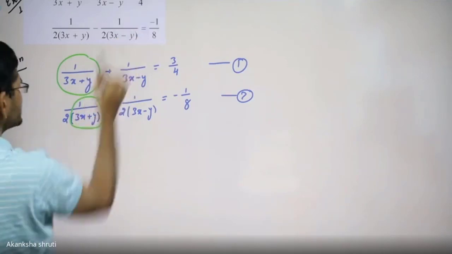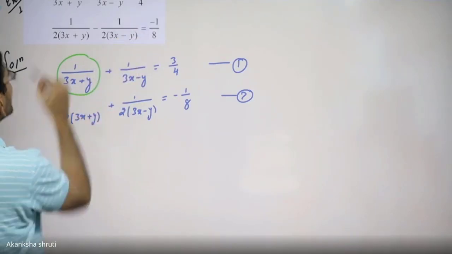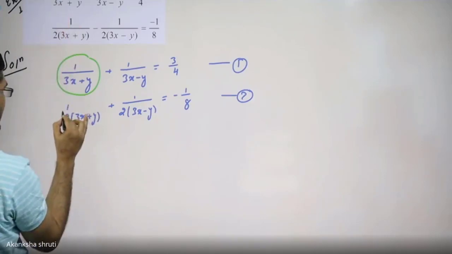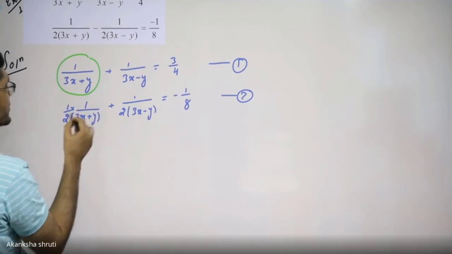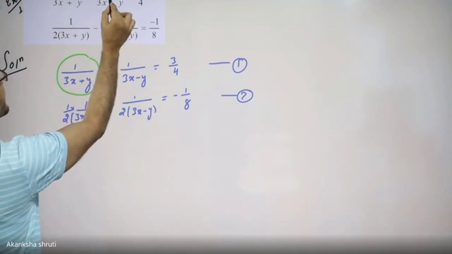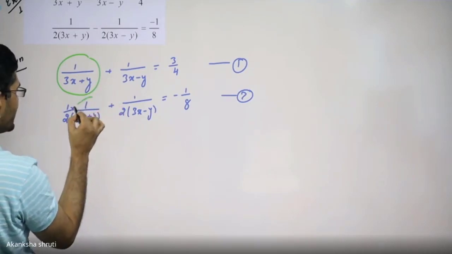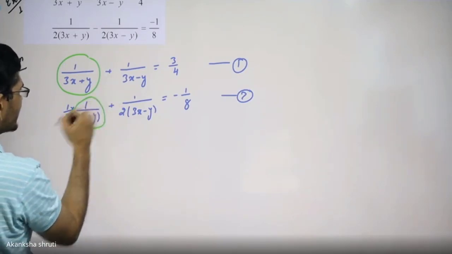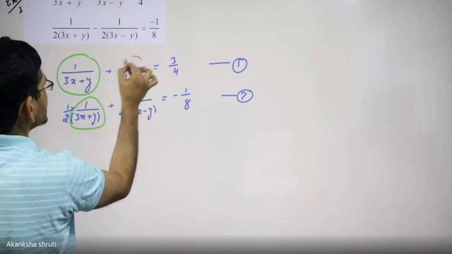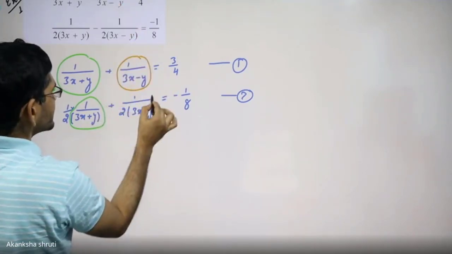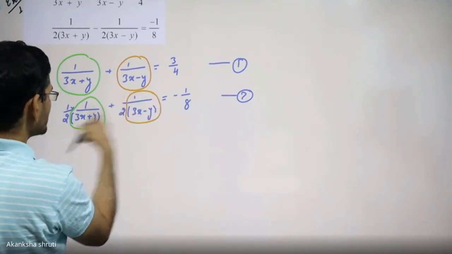Keep in mind, this is equivalent to 1 by 2 multiplied by 1 by this much. So that's why if we are assuming 1 by 3x plus y as a new variable, this much is also available as a new variable. The same thing, if we consider this as a new variable, say v, this much will be available for v here. It will be 1 by 2 outside.